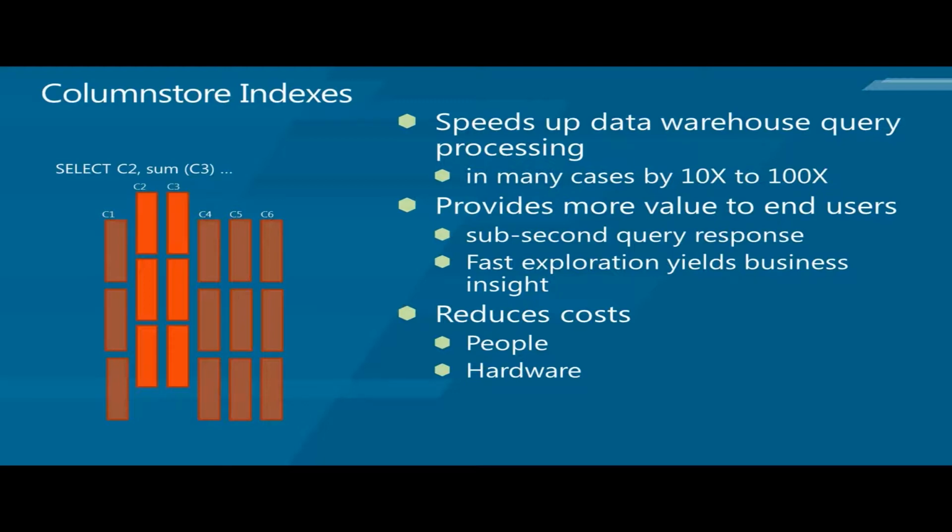So column store indexes are a new storage structure for holding data warehouse tables that, instead of storing the data row by row, as in the typical storage structure that we've had in SQL Server in the past, where rows are stored on pages, and every column of data for a specific row is typically stored on the same page.